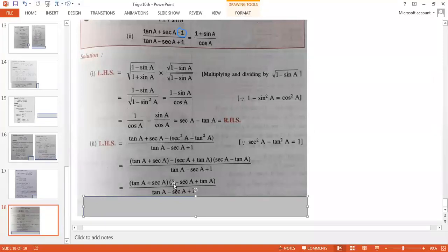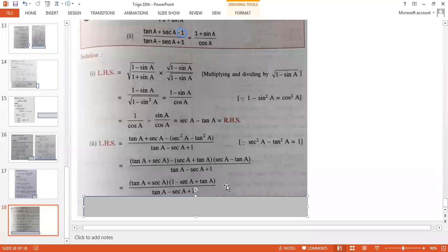And minus sec A, minus into minus will become plus tan A. I hope you understood. I'll repeat. Because tan A and sec A has gone out, there will be left over 1, minus into sec A minus sec A, minus into minus will become plus tan A.